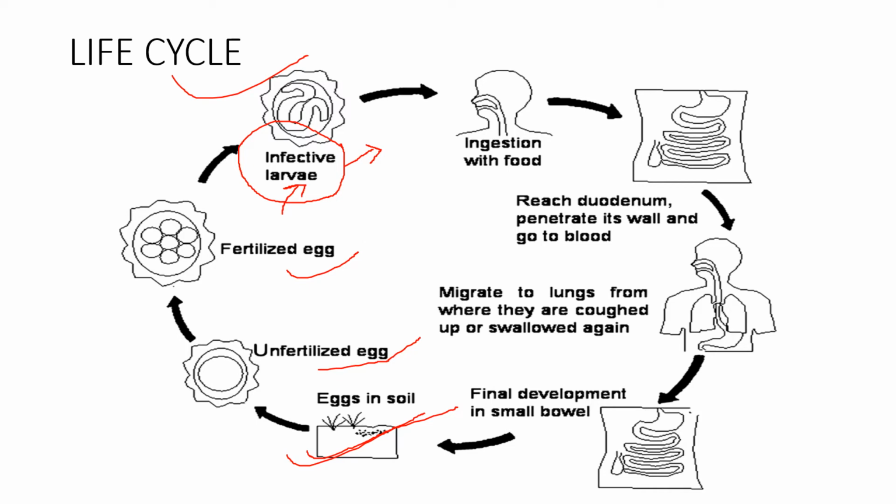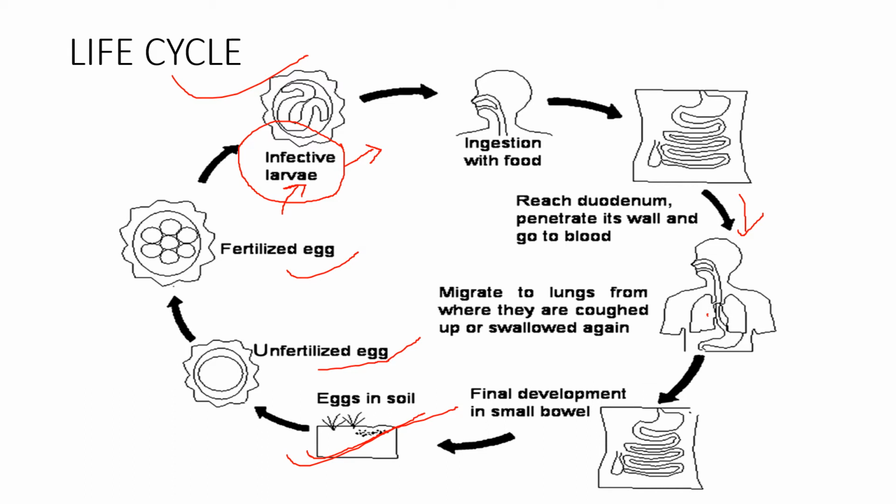So now the infective larva goes directly inside the body, and the worm reaches the duodenum. Once they reach the duodenum, they activate, and they have the ability to penetrate the wall of the duodenum and go into the blood. Once they are in the blood, they go to the lungs.